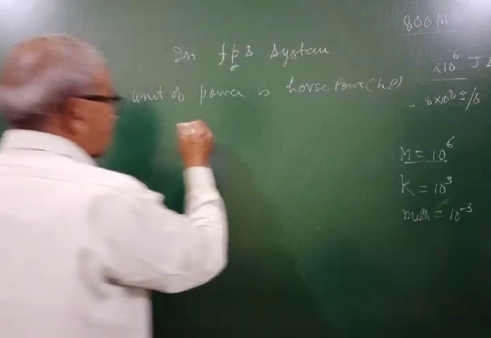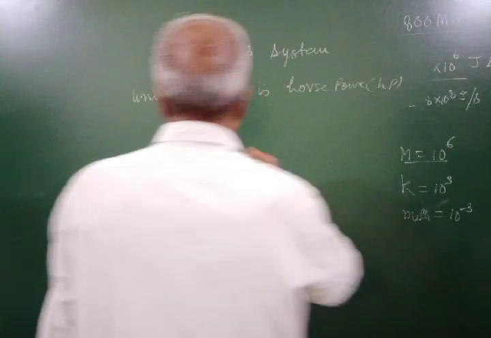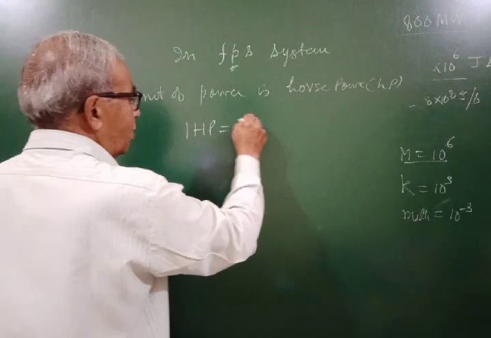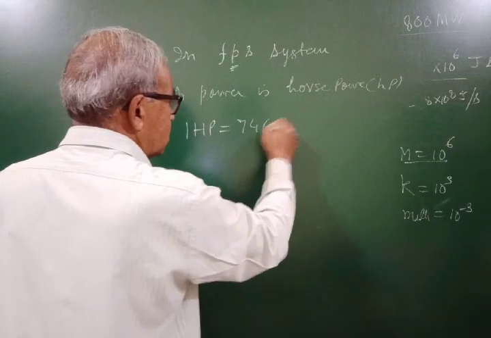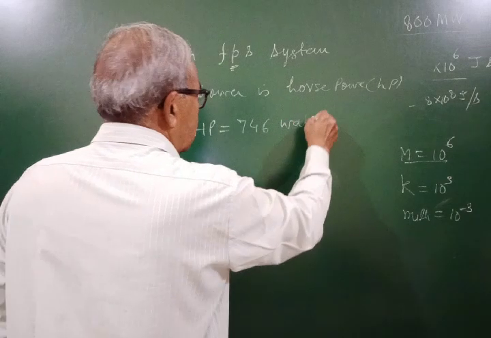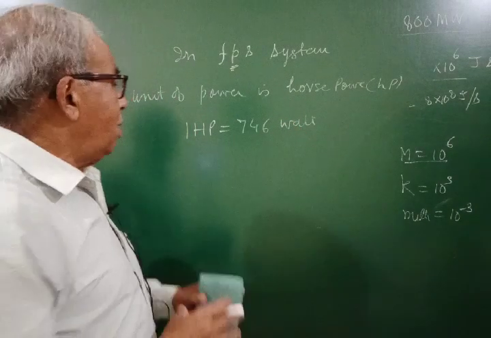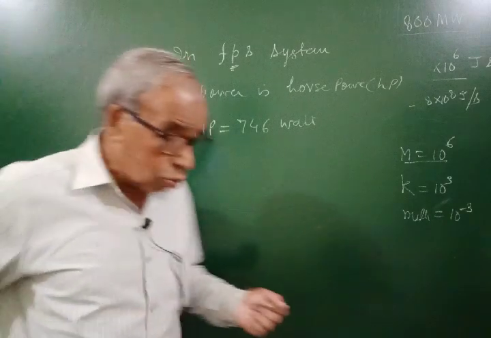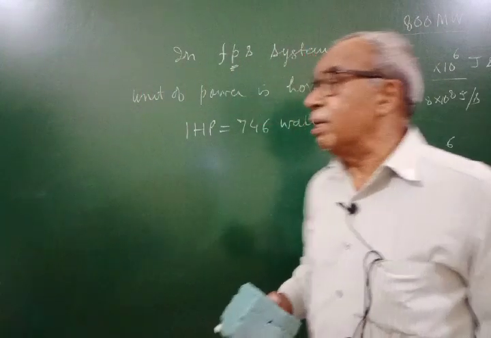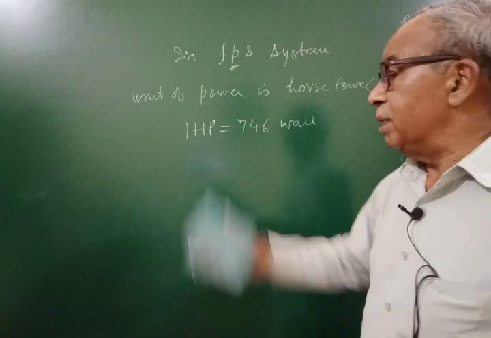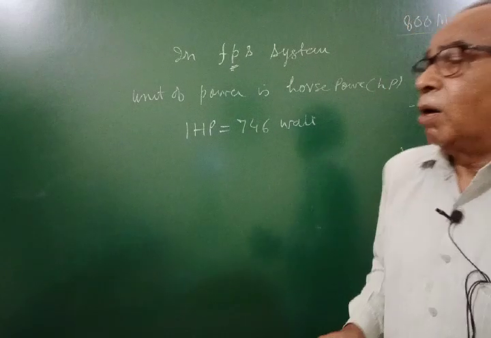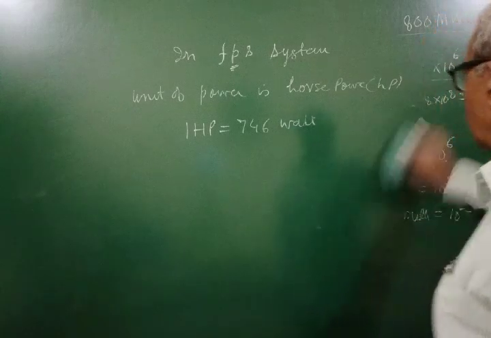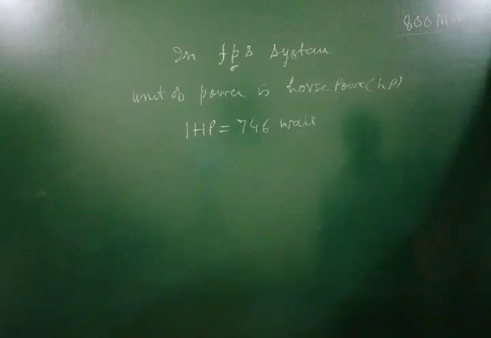Some people write capital HP also. 1 HP is equal to 746 watt. This is just a number. It is not that we yoked 1 horse and measured its power. It is simply a number, imagining a unit called horse power. It is measured in poundal.